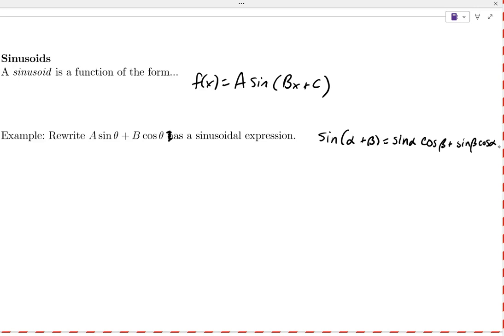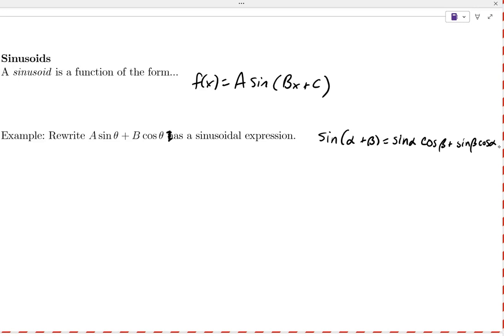All right? So notice that I've got kind of half the form. I've got a sine of theta in the first term. I've got a cosine theta in the second term. I kind of got half of the sum formula here, right? The trick to this is I need to figure out a beta so that I can see the cosine of beta here and the sine of beta here.